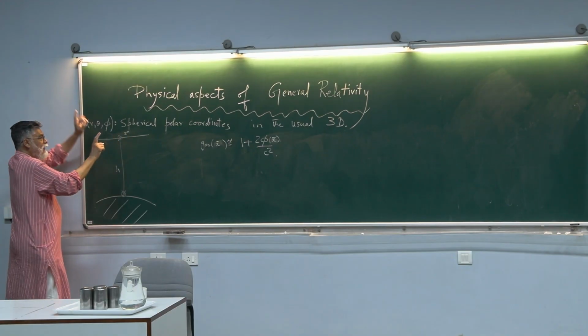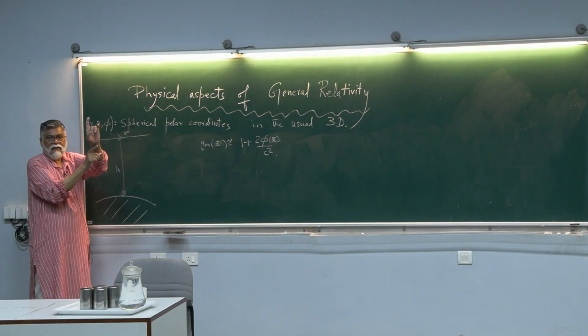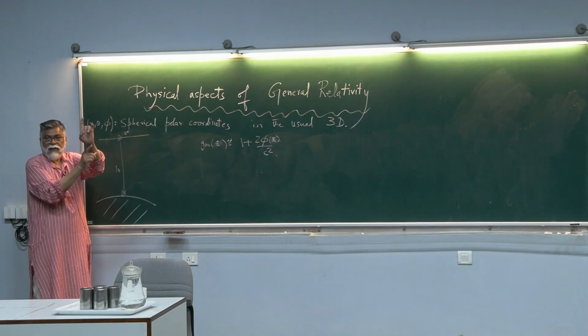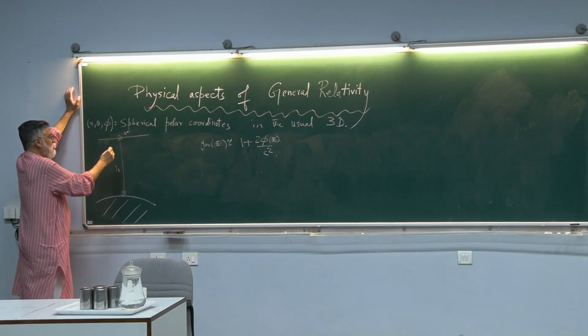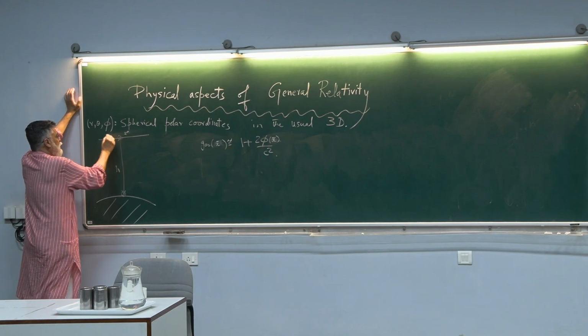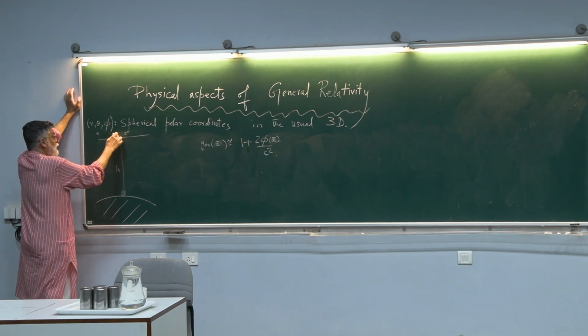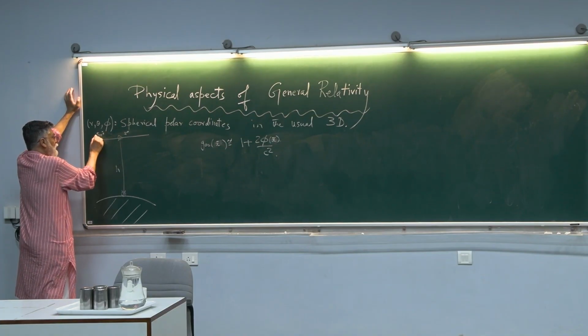The hand ticks, one tick at coordinate time t1, then another tick at coordinate time t2. So t1 at position x, and at t1 plus delta t1, the other tick happens at the same position.